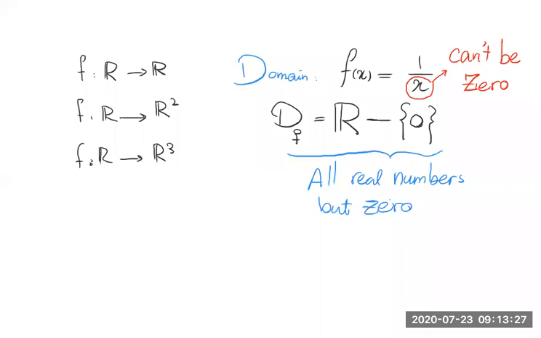Or for example, if f of x was the square root of x, because the square root, at least in this course, is defined when the number under the square root is non-negative, so 0 or positive, x here should be non-negative. Square root of -1 is not defined, since -1 doesn't have a square root in real numbers.